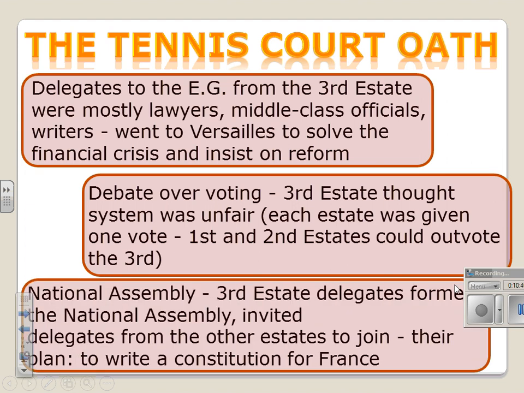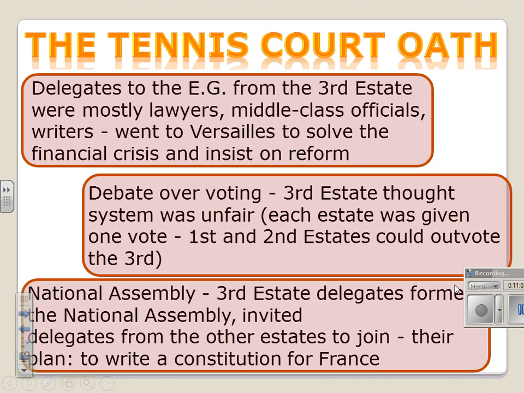So as a result, the third estate leaves the Estates General, and they form something called the National Assembly. They form their own government, and they invite the delegates from the other estates to join their new government. So basically, the members from the third estate left the government of France.